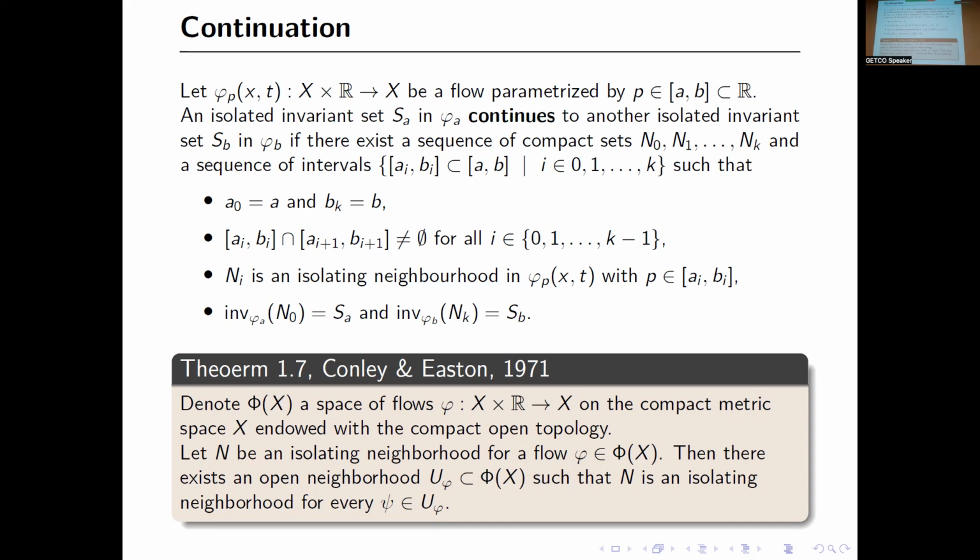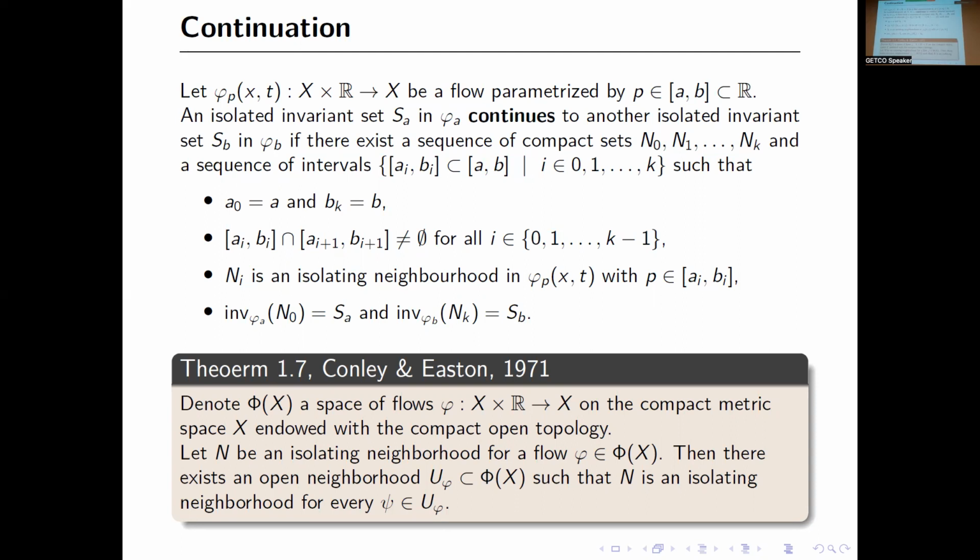Suppose that we have a parameterized family of flows, and we would like to say that two isolated invariant sets, SA and SB, are actually the same isolated invariant set.